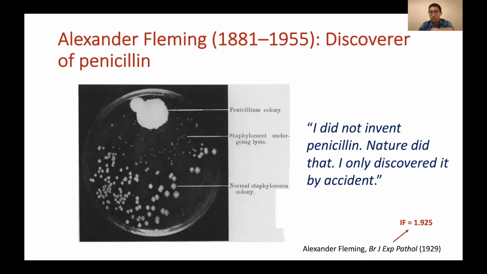And he got published in the British Journal of Experimental Pathology, with an impact factor of about 1.7. So this is a low impact journal, but it brought a good discovery. Like I said, a high impact journal doesn't mean it's a good journal, and a low impact factor doesn't mean it's a bad publication. You have to keep this in mind all the time.